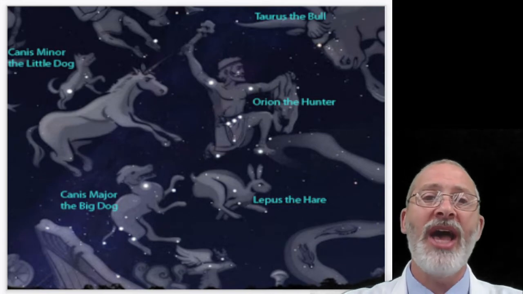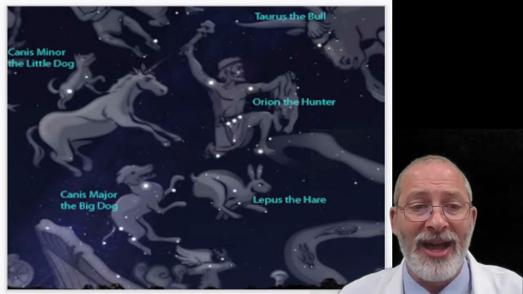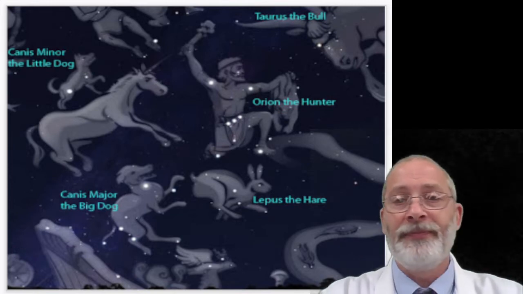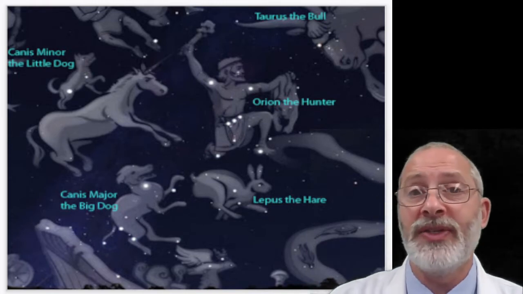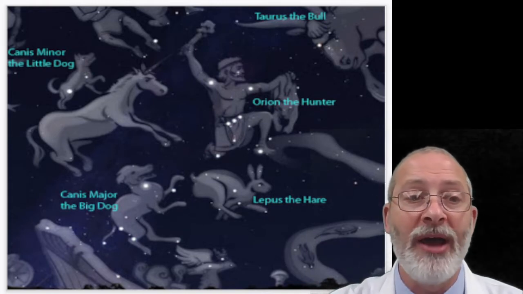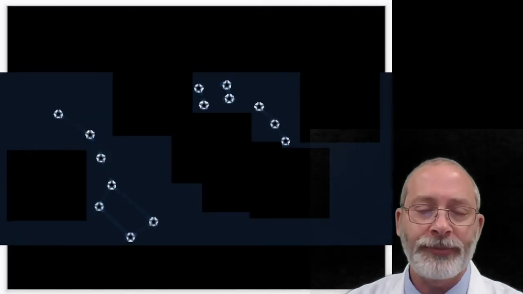But the whole sky is actually made up officially of 88 constellations. Now, there are some constellations that are visible year round, and I want to point out one of them to you right now. Actually, two of them.